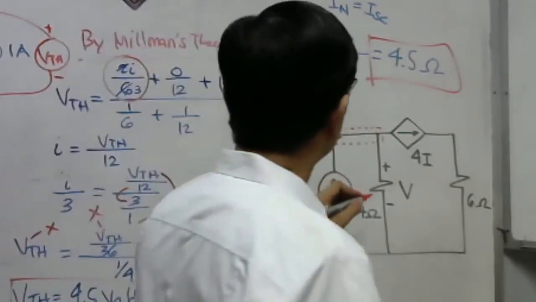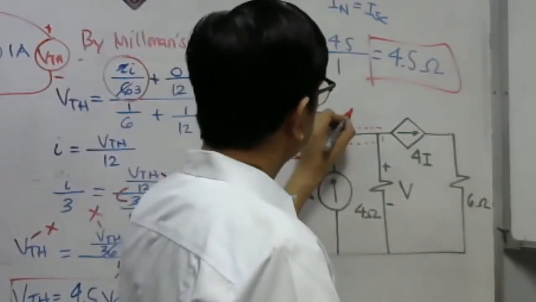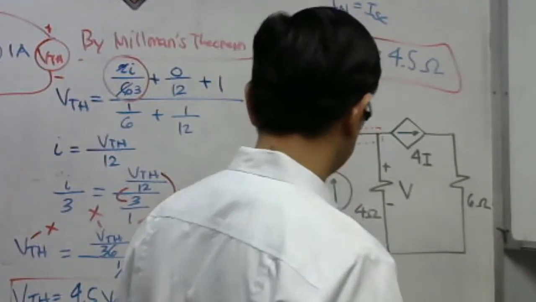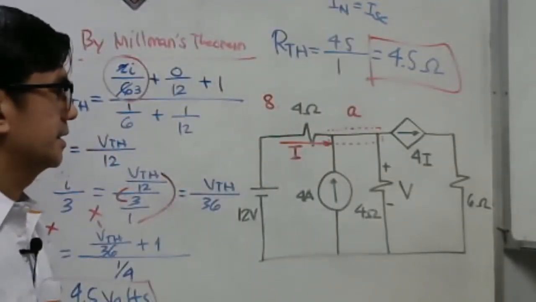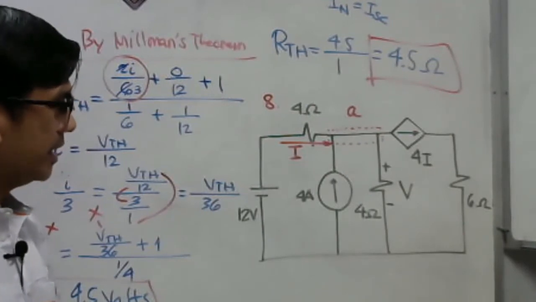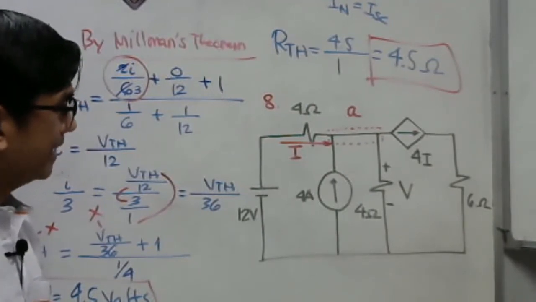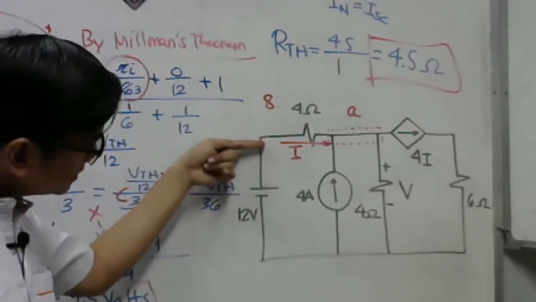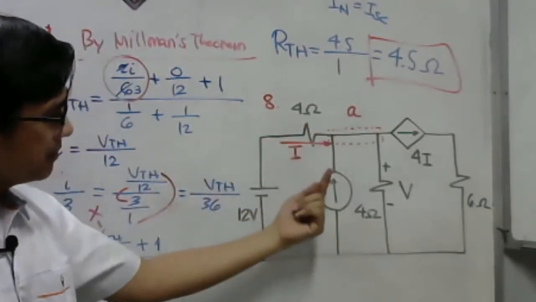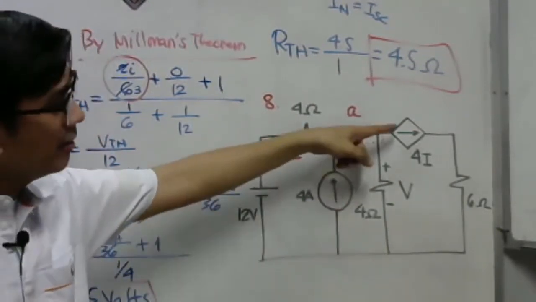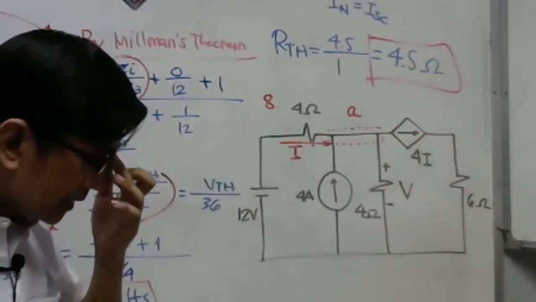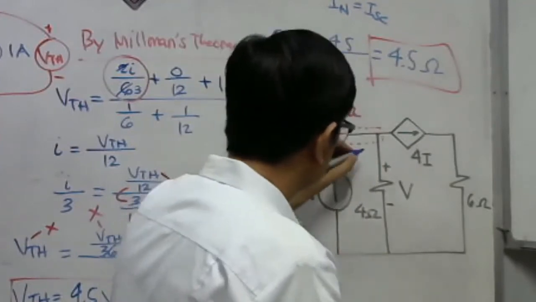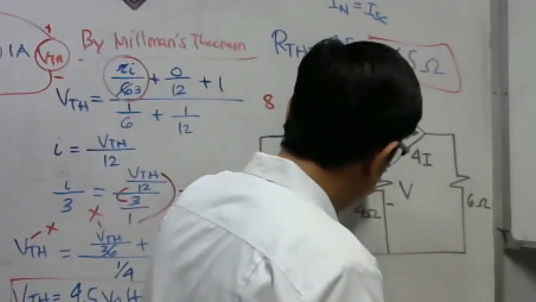I will consider this as node A. There is a current entering here, which is our 4 ampere. Then there is a current leaving of 4I. Then what about here? I will assign the current here.